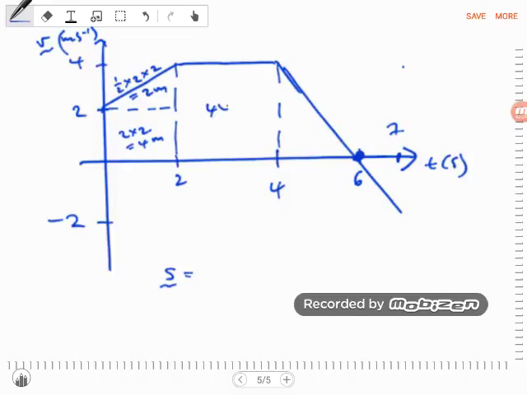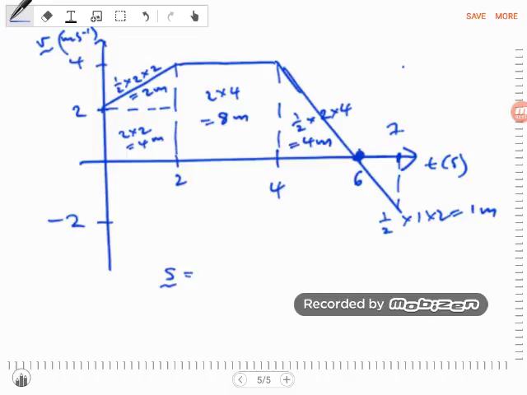Here we've got a 2 by 4, so 8 meters in that one. Here we've got a half by 2 by 4, which gives 4 meters. And finally down here, we've got a half times 1 by 2, which gives 1 meter.